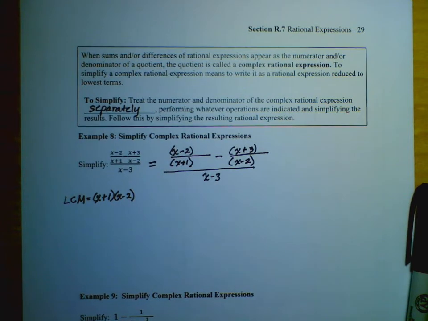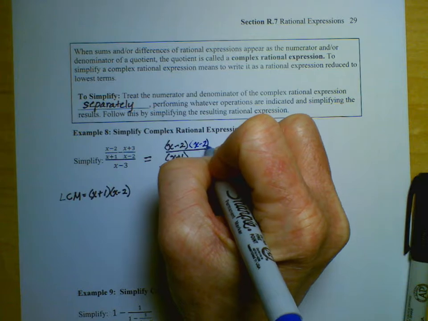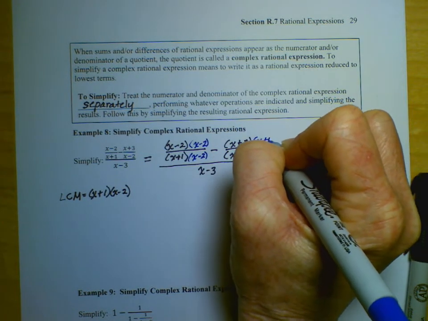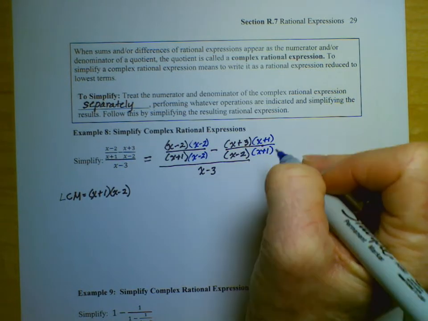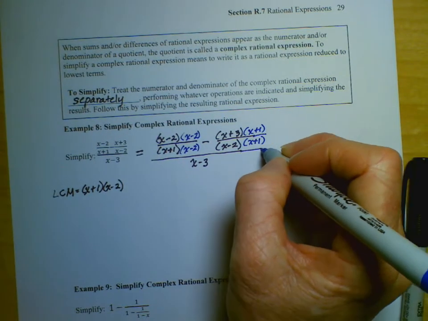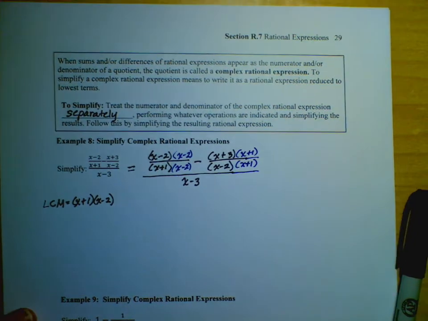And of course, in the first rational expression, what's missing is the x minus 2. And in the second, what's missing is the x plus 1. Now resist the urge to cancel, because the whole point is to have a common denominator, not to cancel and go back to not having a common denominator.